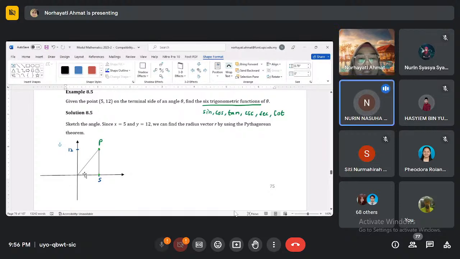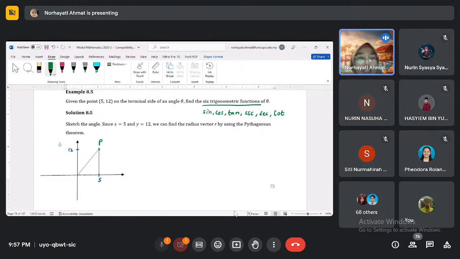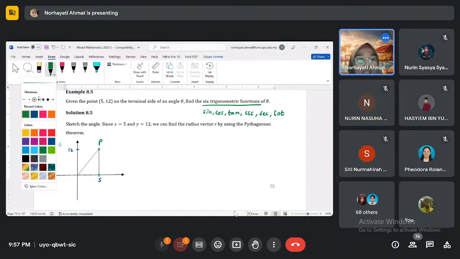Apa panjang Y? 12. Pandai, bagus. So kita ada 12 dekat sini, panjang dia 12.